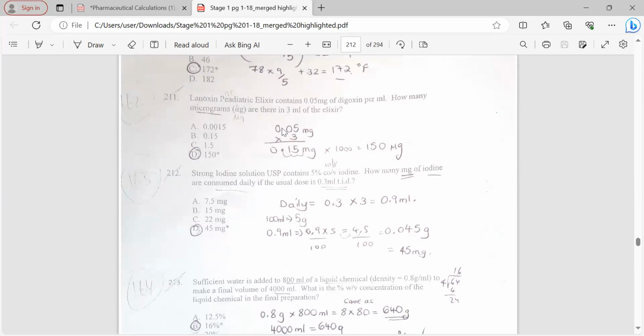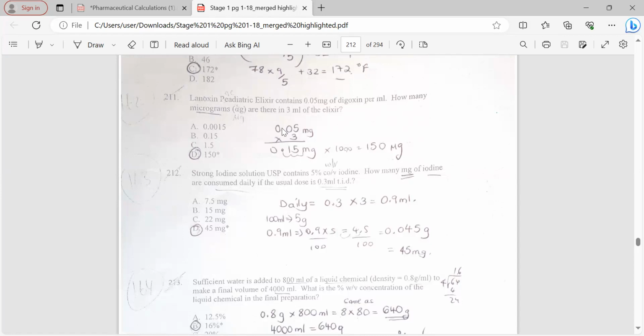Anyway, Lanoxin Pediatrics Elixir contains 0.5 milligrams of digoxin per ml. So how many micrograms are there in 3 ml of the elixir? You can convert your milligrams to micrograms, or calculate for 3 ml in milligrams and then convert back.